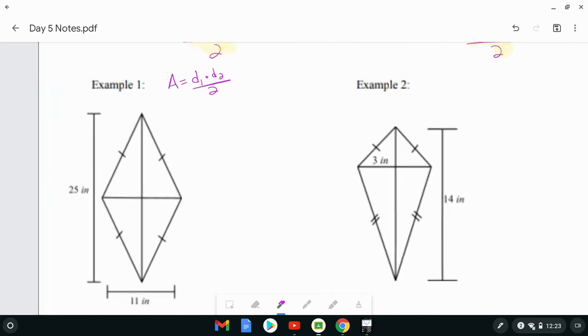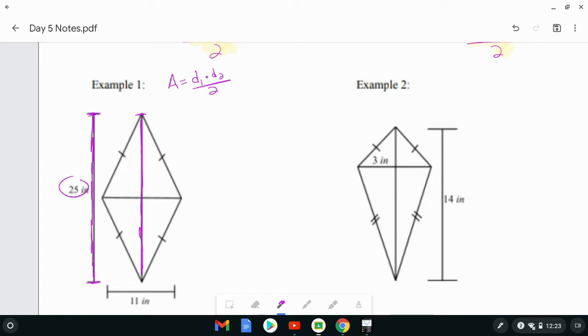So we want to find the measure of these diagonals. What we like to do when we're drawing that measurement is put it on the side, as to not get confused, because if I put a 25 here, that to me represents the length from here to that edge. So when we're talking about diagonals, we're going to put those lengths out on the outside with a little measuring stick right here.